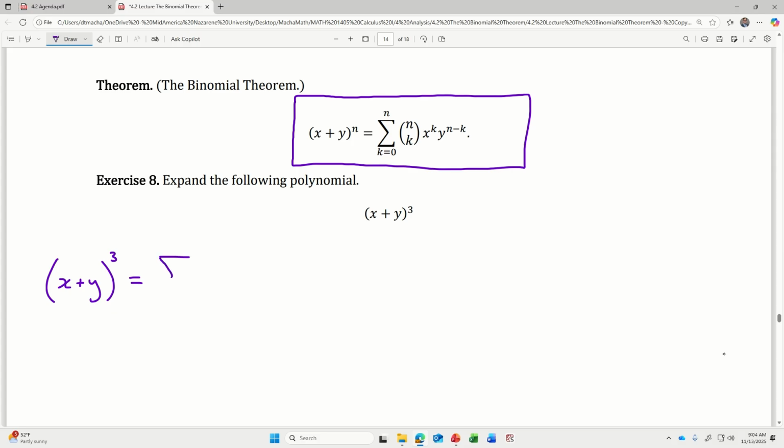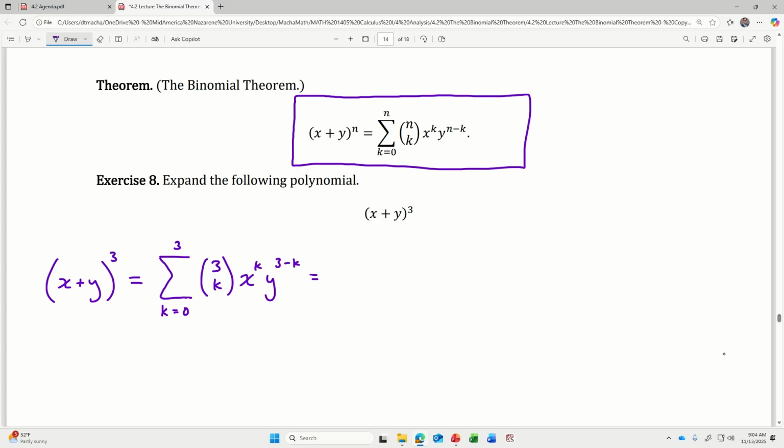This is going to be the sum as k goes from 0 to 3. Every term in the sum is going to look like 3 choose k times x to the power k times y to the power 3 minus k.